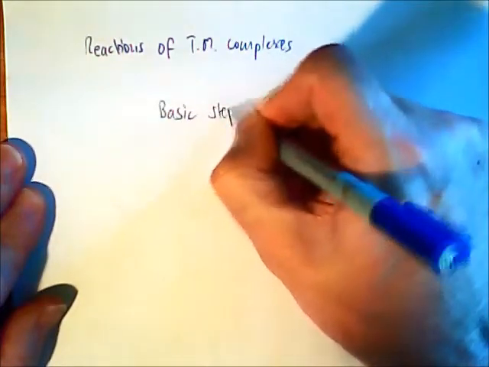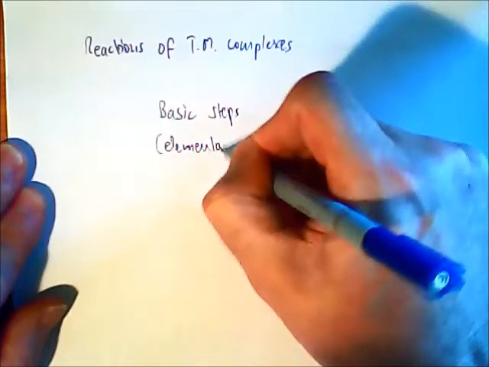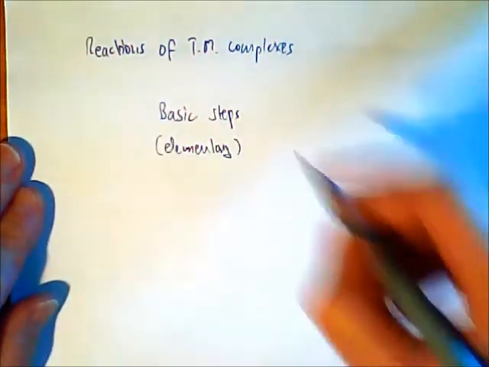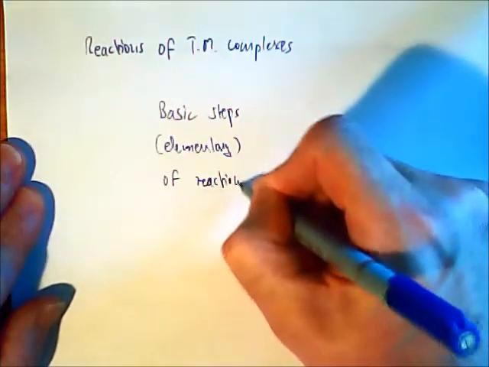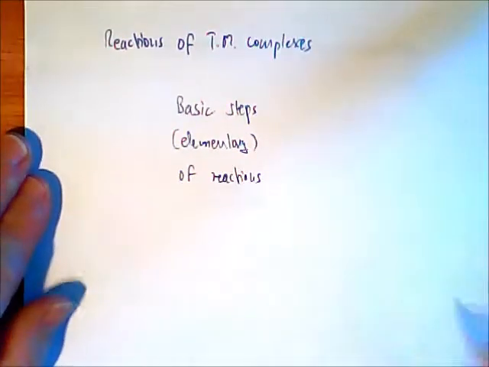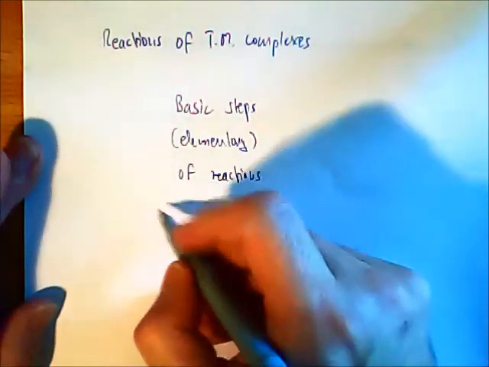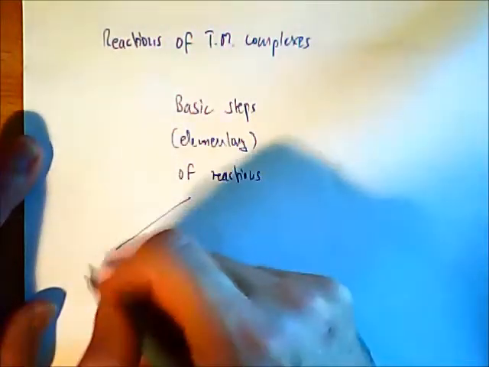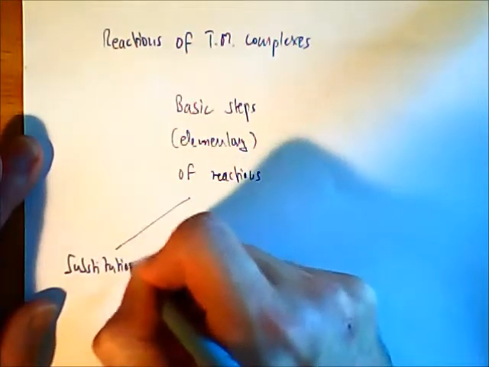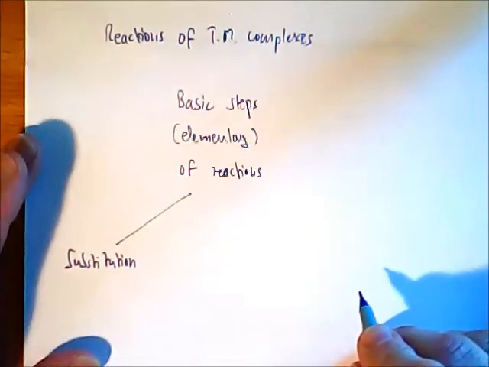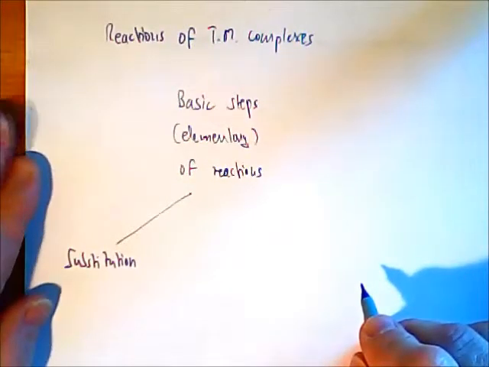The basic steps, or elementary steps, of reactions. Lucky for us, there are only 3 basic steps we have to consider. One of them is the substitution: substitution of ligands or replacement of ligands at a transition metal compound.